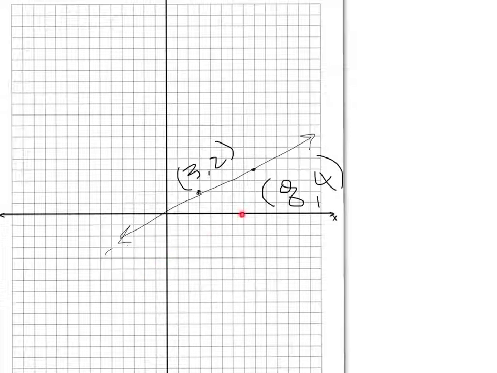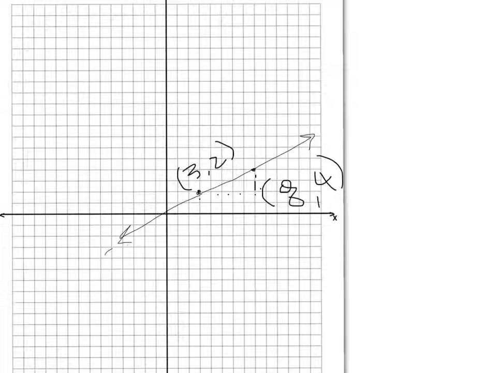In other words, what's the slope of this line, given we have one point at 3, 2, and this other point at 8, 4? Well, just like we were saying before, we want to show what the vertical change is, our rise, relative to our run.